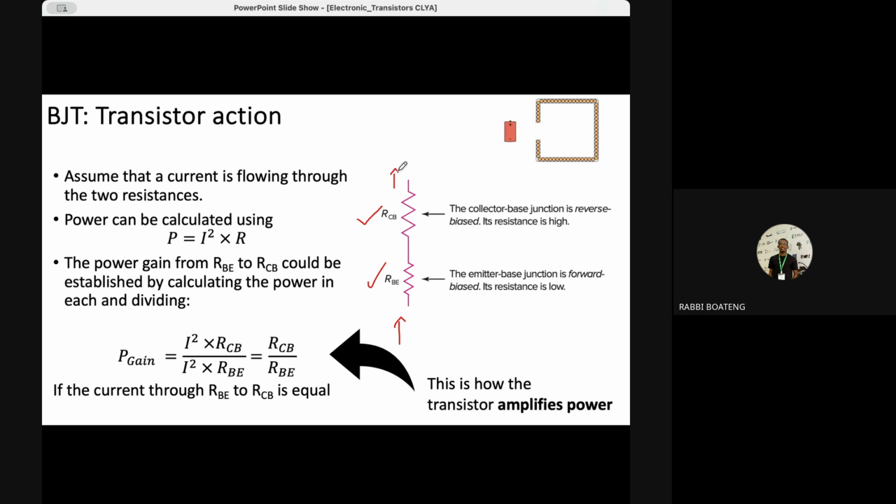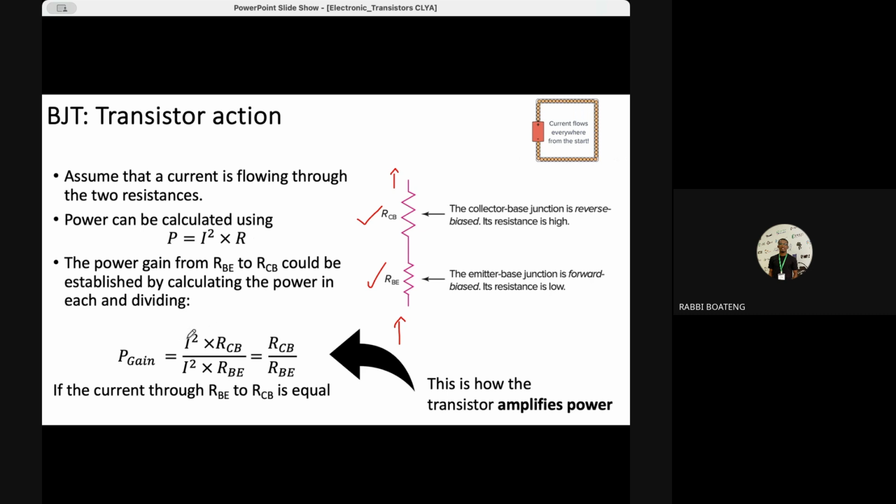Now let's look at something here. We want to relate our power gain in here. If we have power, we can write power in terms of current and resistance as I squared times R. Is that okay?